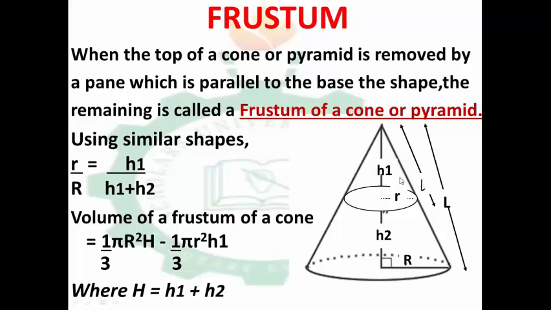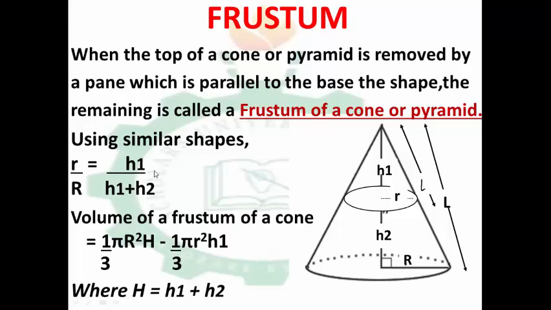Now, using similar shapes, we are going to have small r over capital R, where small r is for this smaller cone and capital R is for the bigger cone, equal to H1 for the smaller cone over, for the bigger cone, the height H1 plus H2.